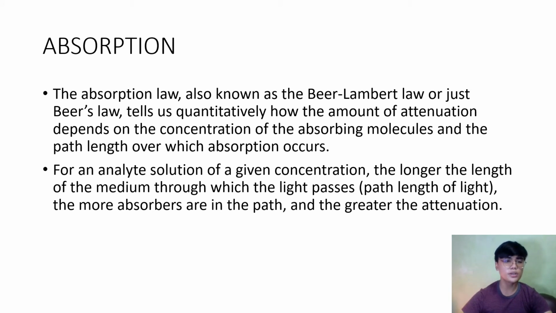The absorption law, also known as the Beer-Lambert law or just Beer's law, tells us quantitatively how the amount of attenuation depends on the concentration of the absorbing molecules and the path length over which absorption occurs.